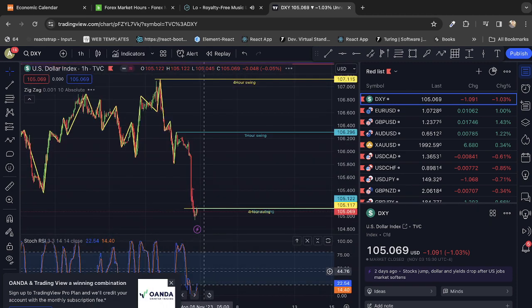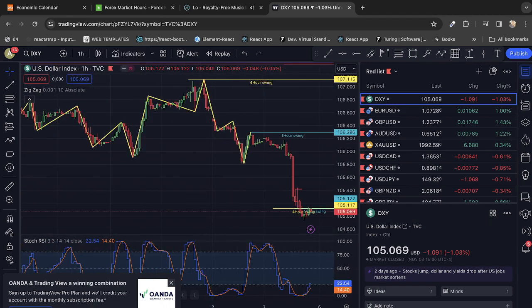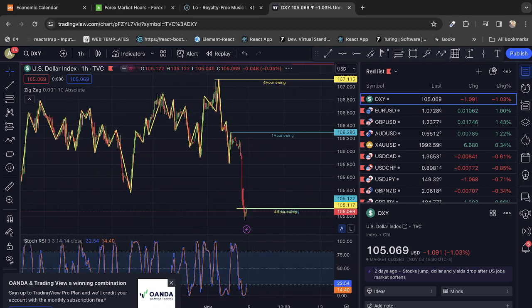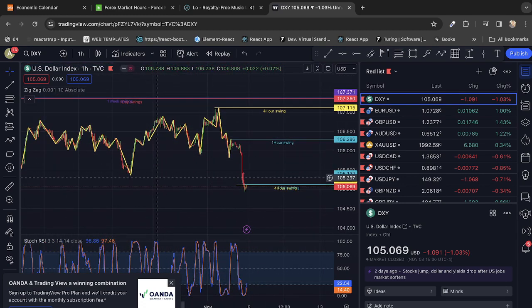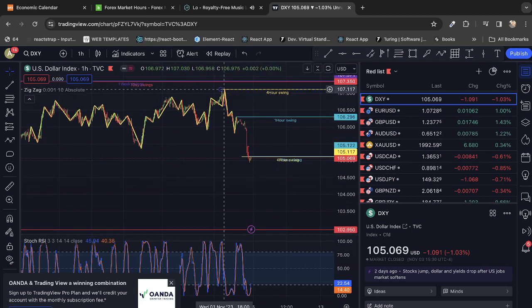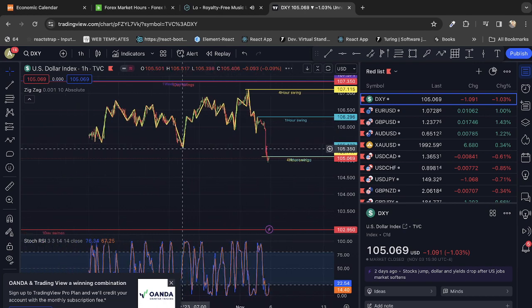So if we go down to the 1 hour time frame, as you guys can see, the 1 hour time frame is a lower time frame compared to the monthly time frame, the daily time frame, and even the 4 hour time frame, right? So that's why, if you guys remember, like I explained, on the 1 hour time frame it's completely bearish.